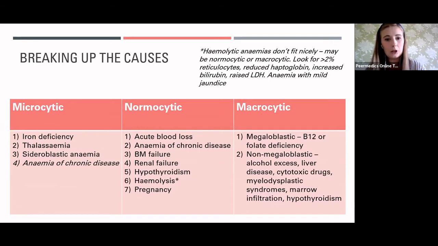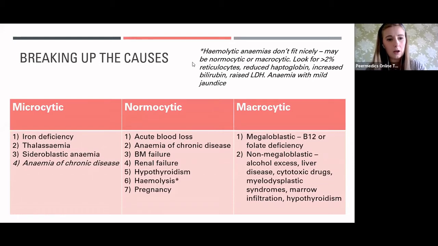So blood loss, bone marrow failure, hypothyroidism, stuff like that. And macrocytic, again, we divide into megaloblastic, which is usually B12 or folate, and non-megaloblastic, which is pretty much everything else causing big cells. Generally they're causing big cells because they're still interfering with the way red cells are produced, but not necessarily the DNA production side of things.